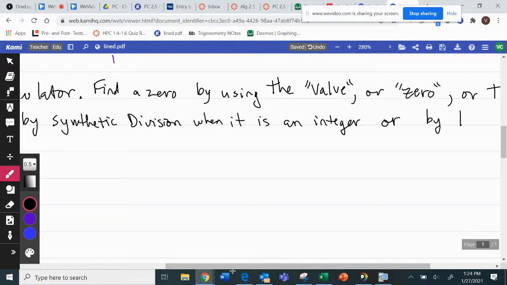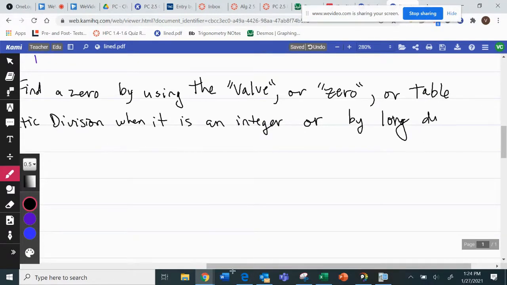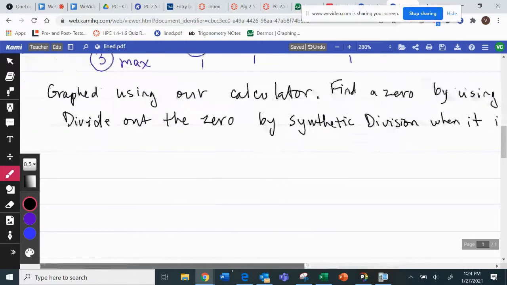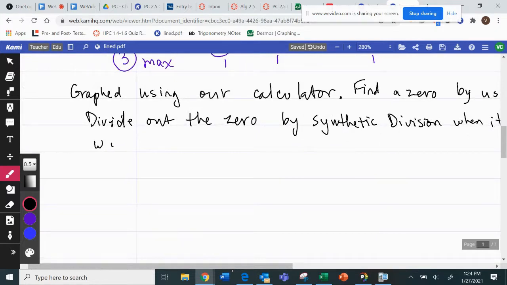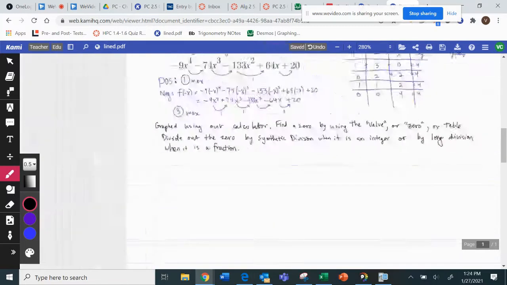Or by long division when it is a fraction. So we're using synthetic division if it's an integer.